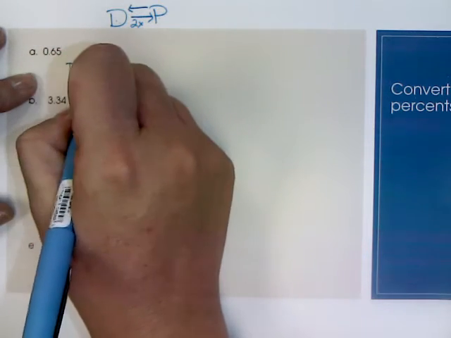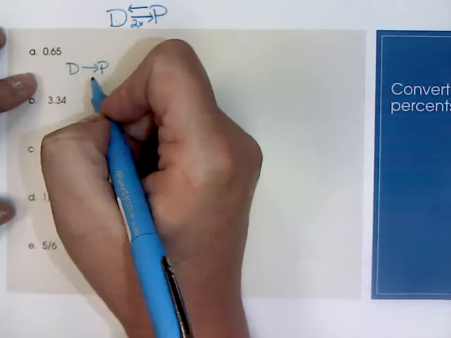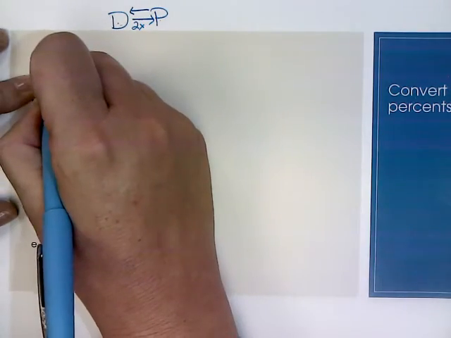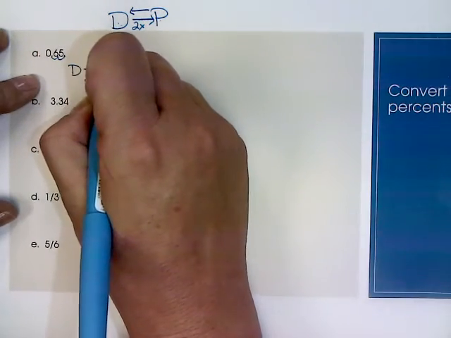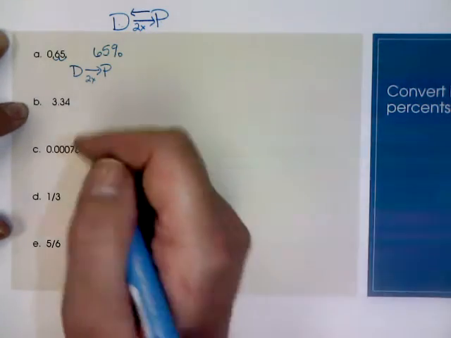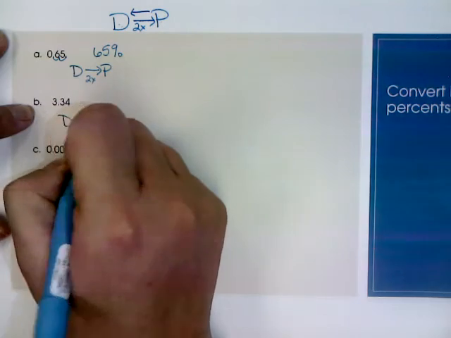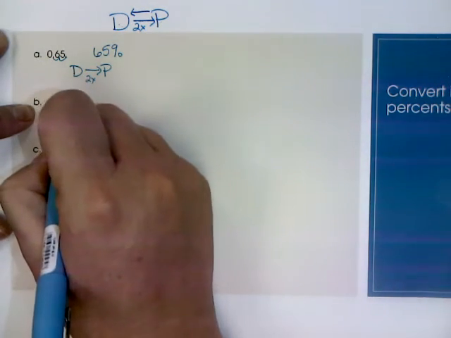So if I take a look at number A, I have 0.65. If I use my D to P, I'm going from a decimal to a percent. So I'm going to move my decimal over 2 times to the right. And if I do that once, twice, it's going to give me 65%. I'm going to go ahead and do the same thing to B. This is a decimal, so D to P, moving it 2 times to the right, once, twice.